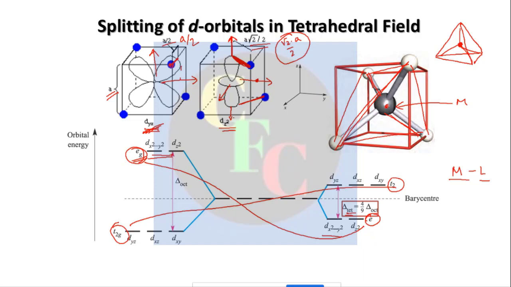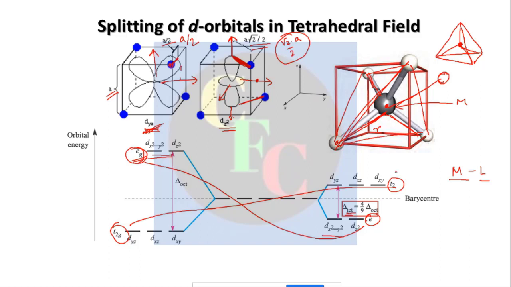So why is there no center of inversion? Because if you start from here, suppose you go a distance r, and now you go in the same direction distance r, you will find nothing there. So there is no center of inversion.